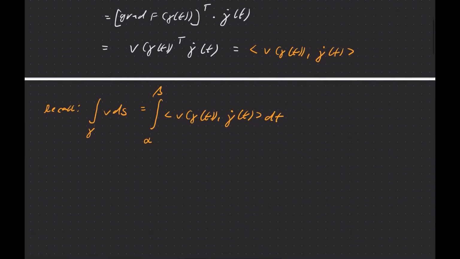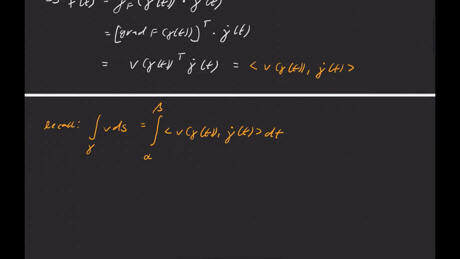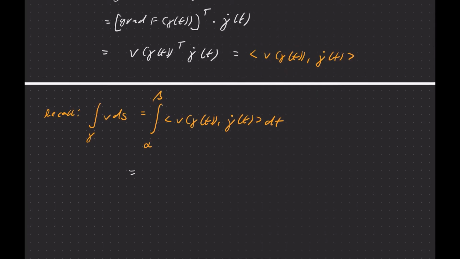And we now know this scalar product is equal to the derivative of our one-dimensional function small f. So what we get here is, well, this is the same thing as the integral alpha to beta of f dot of t dt.